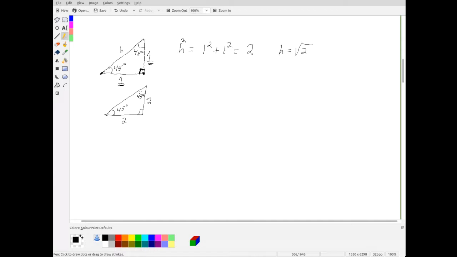So now we're looking at the hypotenuse of this, which is going to be 2 squared plus 2 squared. So 2 squared plus 2 squared, let's see, 4 and 4.